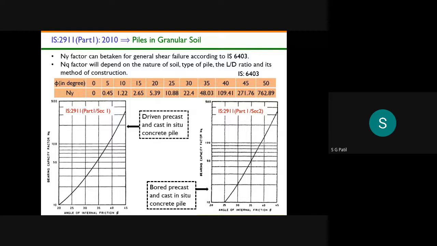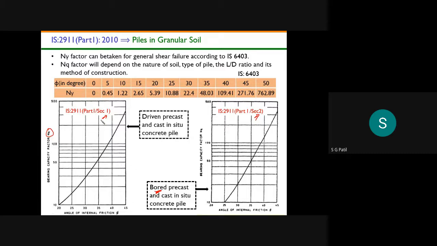And in IS 2911, this Nq value I told you about. If you have a driven pile, then you have to refer to section 1. And if you have a bored pile, then you have to refer to section 2. So for the driven pile and bored pile, your Nq value will change depending on my phi value.